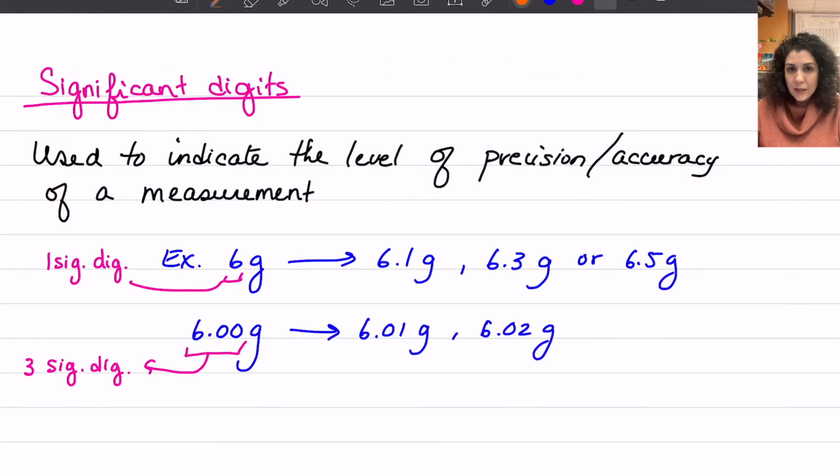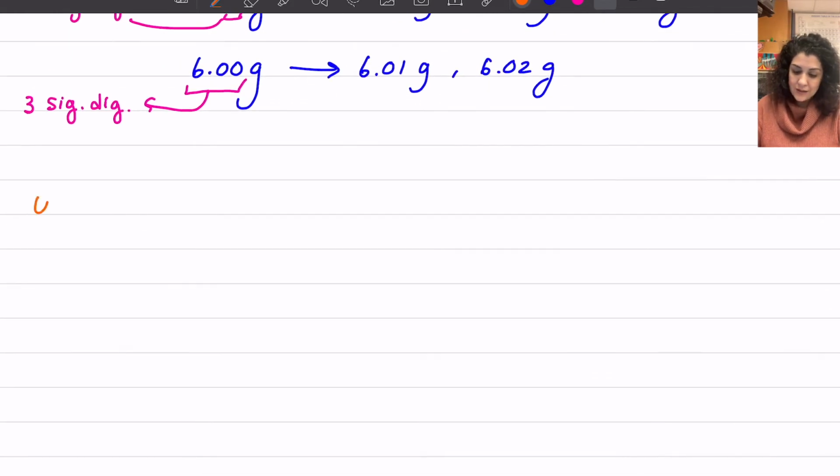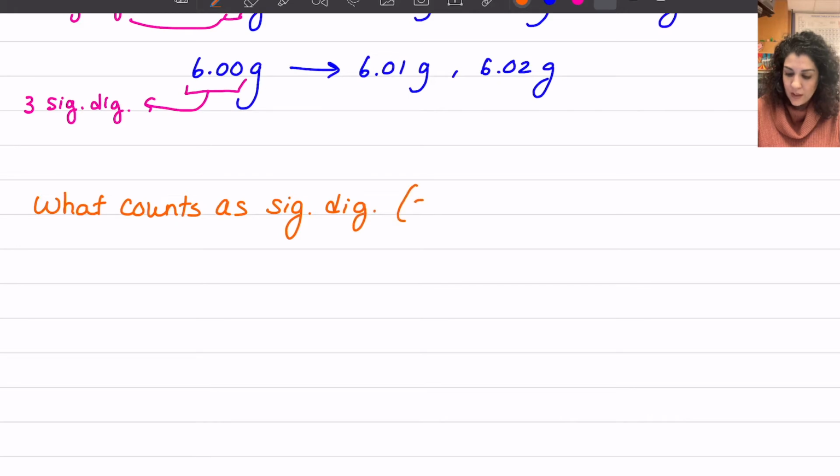So then exactly what counts as significant digits? And we can abbreviate significant digits as SDs. It just makes it a lot easier to write, not having to write the word every time.